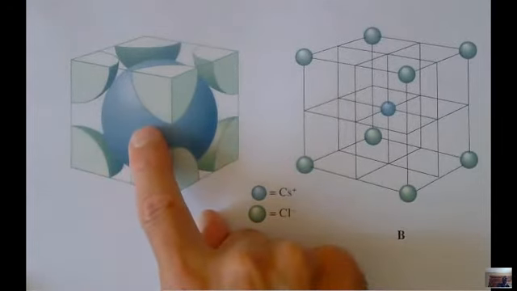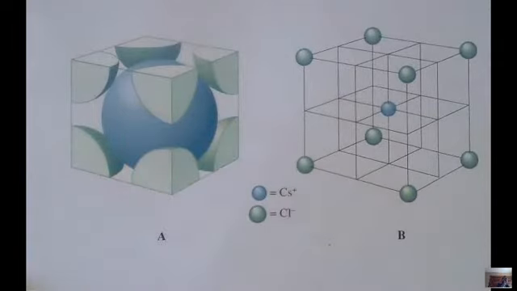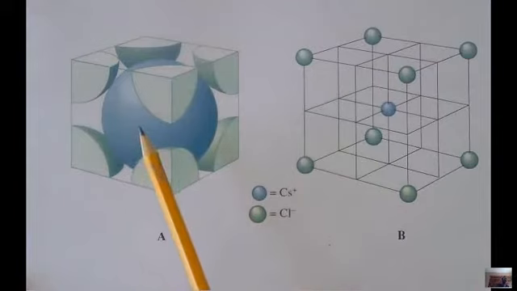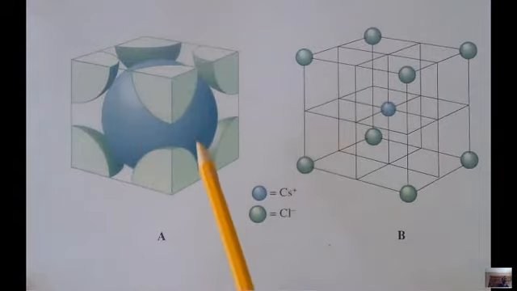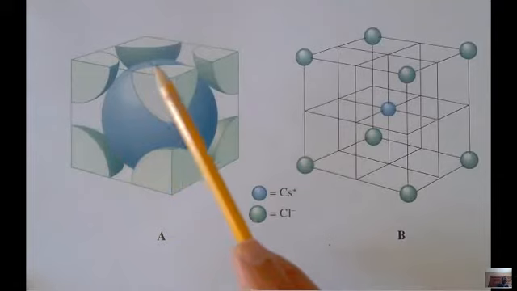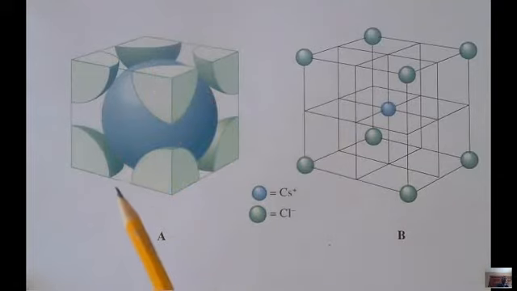I don't call this a body-centered cube because it doesn't have a chlorine in the middle. It has a different ion in the middle, okay? So that's the first thing, right? This would be a simple chloride with cesium in the center. And cesium is bigger and just sticks beautifully right in the center.